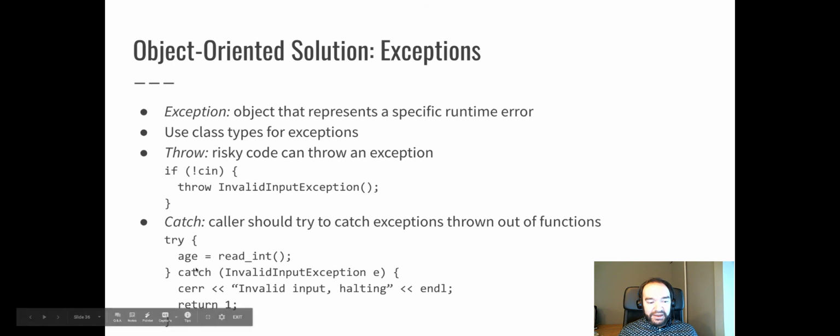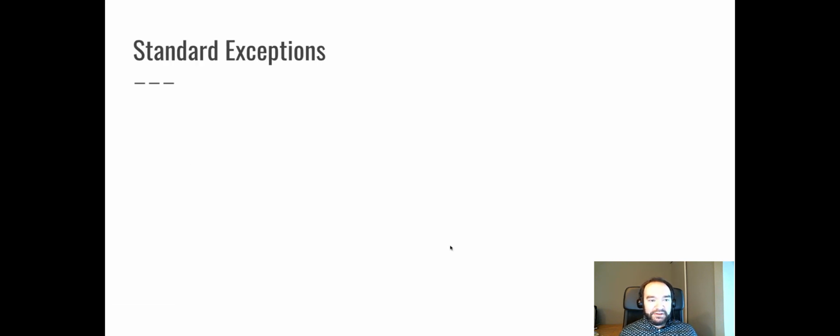The pattern is you say catch and the data type of the exception you're trying to catch and the name of the exception object you're catching. And if that happens, then you handle it somehow. So in this case, I'm printing out to cerr, the error stream, a descriptive message, invalid input, halting, or something like that. So that's how you can throw and catch exceptions.